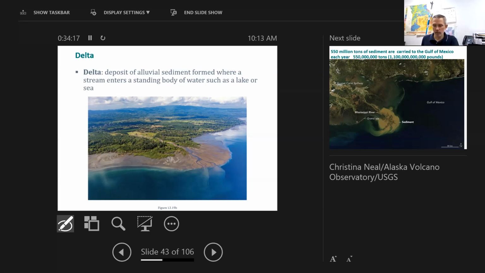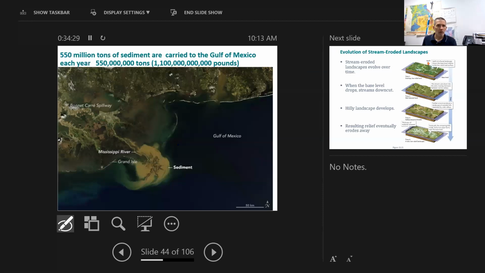Probably the best example of this on the planet is the Nile River, which is a north-flowing river in Africa, which you can really see on a Google Earth image of this triangle-shaped delta. Here's a local example of the Mississippi River. And so when we started looking at the competence of the river, of the Mississippi River, 550 million tons of sediment are carried to the Gulf of Mexico each year. 550 million tons.